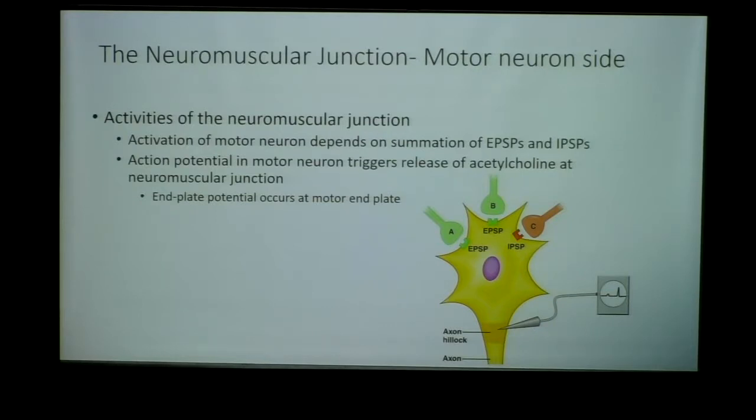The action potential that's started here at the axon hillock travels along this motor neuron and makes it to the end of the neuron. We have exocytosis of acetylcholine, and that binds on the other side. We're going to go through those events. But important to point out here is that we have one neuron, one type of neurotransmitter, and we have the end plate potential being generated.